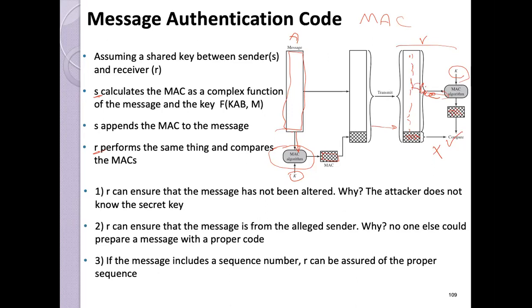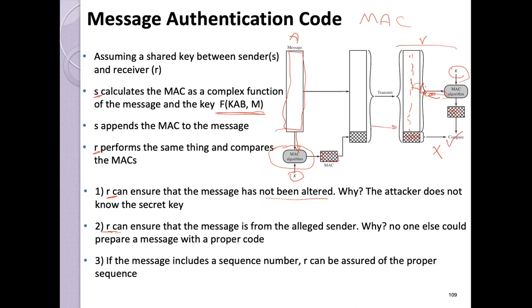Okay, using this MAC, which relies on the MAC function, the receiver R can ensure that the message has not been altered, because if the message is altered, a different MAC will be generated, and we are supposing the attacker does not know the key. Secondly, the receiver can ensure who has sent this message.